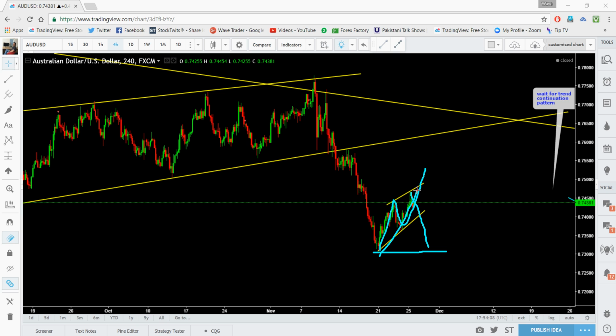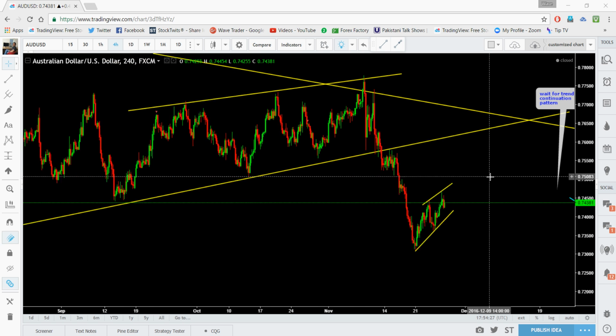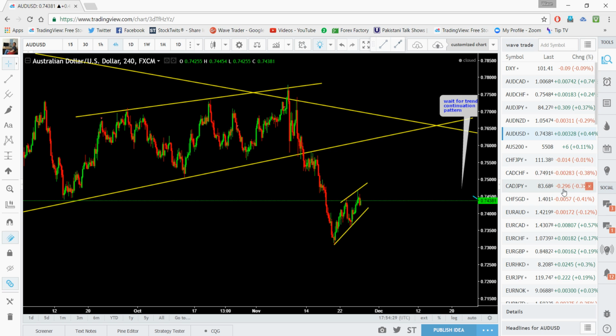Wait till your indication gives you some sign that it is going to break to the downside, then look for the risk taking entry. And if you miss that risk taking entry, then look for the breakout. So the bigger trade we are looking to the downside, so keep in mind dollar index as well.